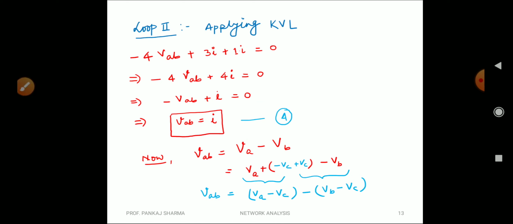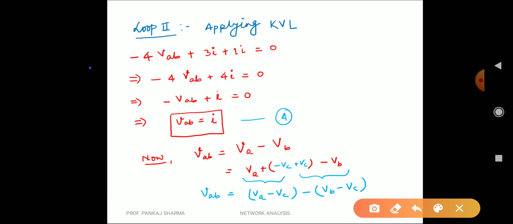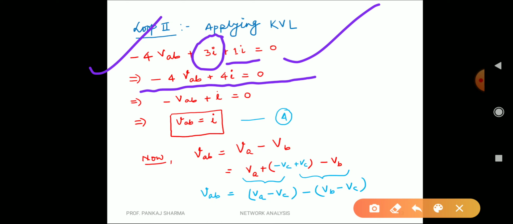Now in loop 2, let us apply KVL. That is minus 4 VAB plus 3I plus 1I. So it will be minus 4 VAB plus 4I is equal to 0. Take out 4 common. Minus VAB plus I is equal to 0. That is VAB is equal to I, or I is equal to VAB.